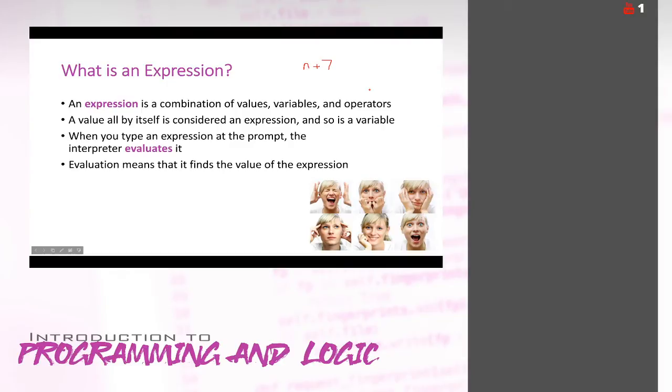But then a value all by itself is an expression. So just 7 would be an expression. Or a variable all by itself would be an expression. So just n could be an expression. So in this case, all three of these things here are valid expressions. N plus 7, 7 by itself, or n by itself.